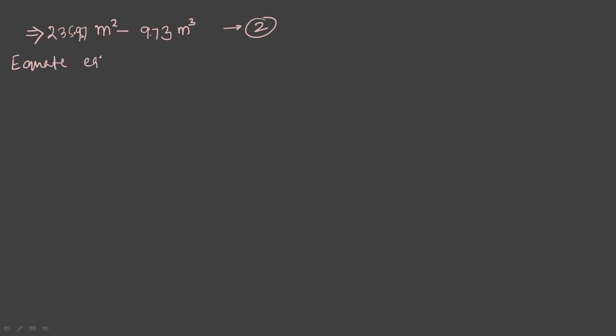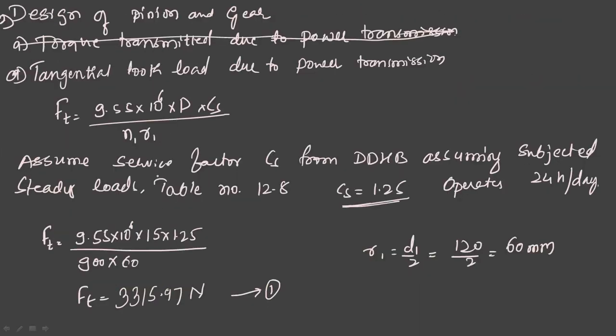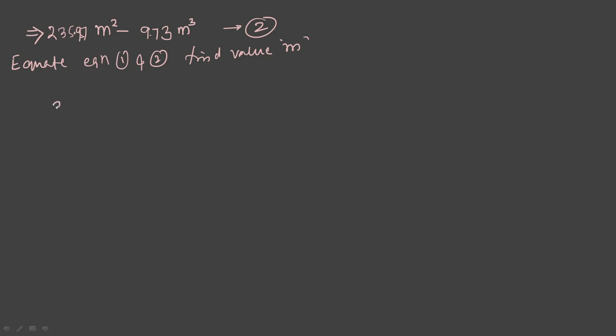Now equate equation 1 and 2 and find the value of m. In the calculator you have to find the unknowns of power 3, power 4, so use that option. How much you got for Ft? Ft you got 3315.97. This is to be equal to 235.97 m square minus 9.73 m cube.